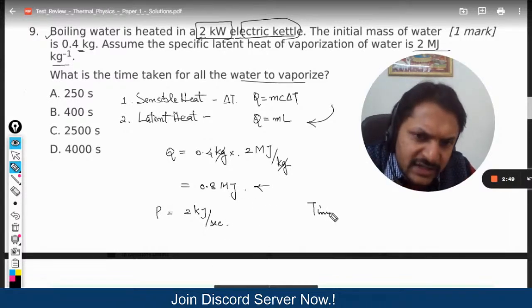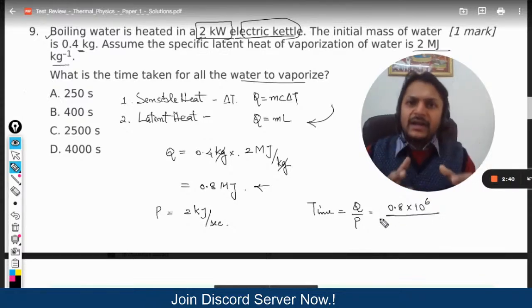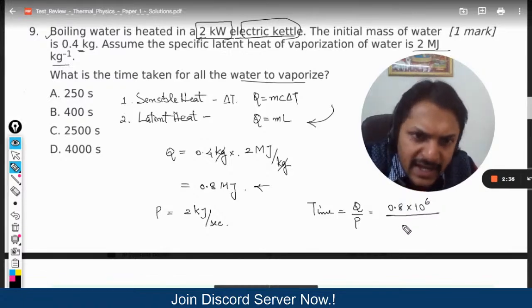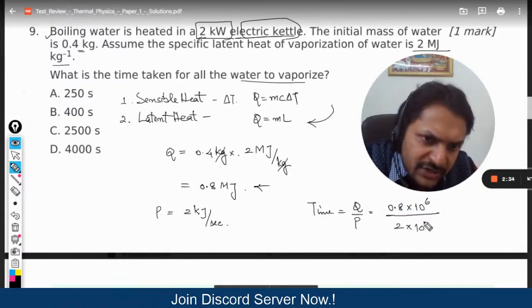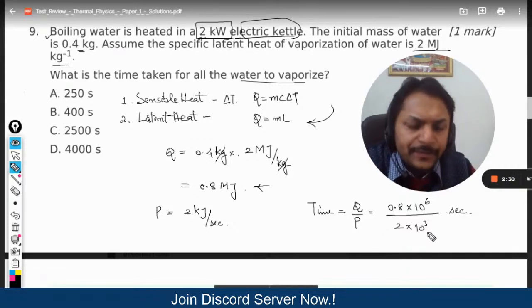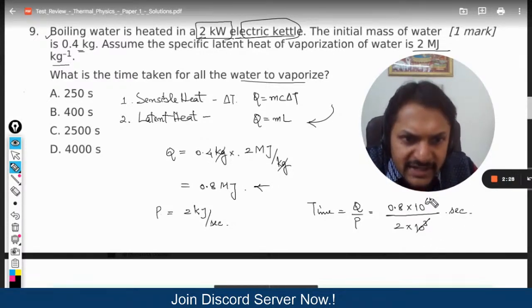So definitely the time will be Q divided by P, and Q is 0.8 into mega. So now I'm just converting mega into 10 raised to powers. So it is 10 to the power 6, and we divide by 2 into 10 raised to power 3, that is kilo, and the answer will come in seconds. So this is how we do this. Let us see.